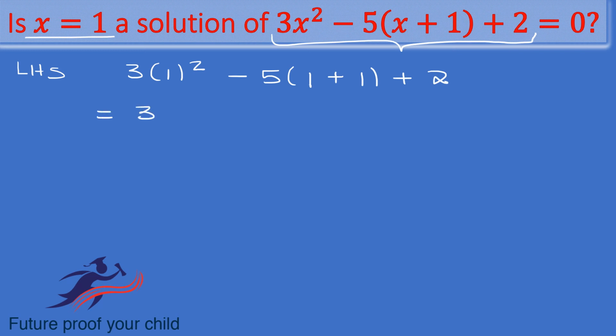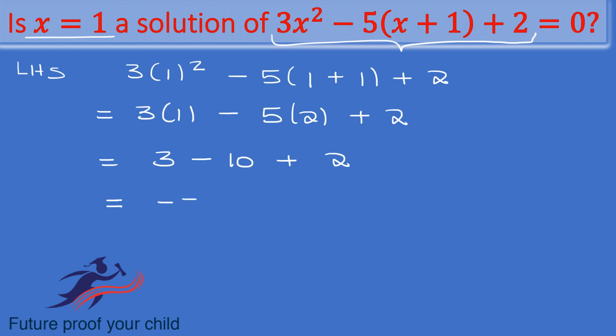So I get 3 times 1 squared, so it's still 1, minus 5, 1 plus 1 is 2, plus 2. 3 times 1 is 3, minus 5 times 2 is 10, plus 2. 3 minus 10 is minus 7, plus 2, and I get a negative 5. But hang on, it says it must be 0.